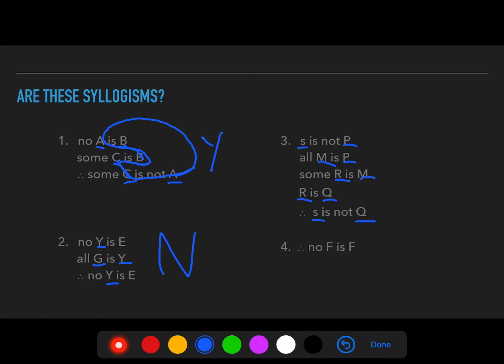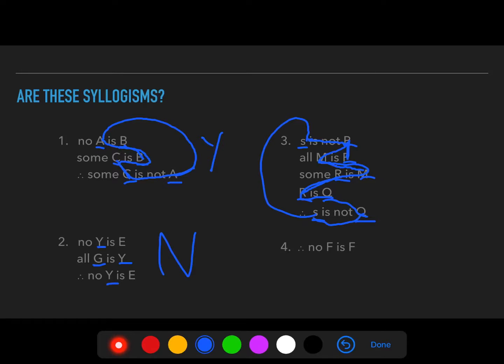So we have a letter in common with the first 2, P. The next 2 have M in common. The next 2 have R in common. The last 2 have Q in common. And the first and the last lines have S in common. So it looks like you can trace a continuous circle through all of these.